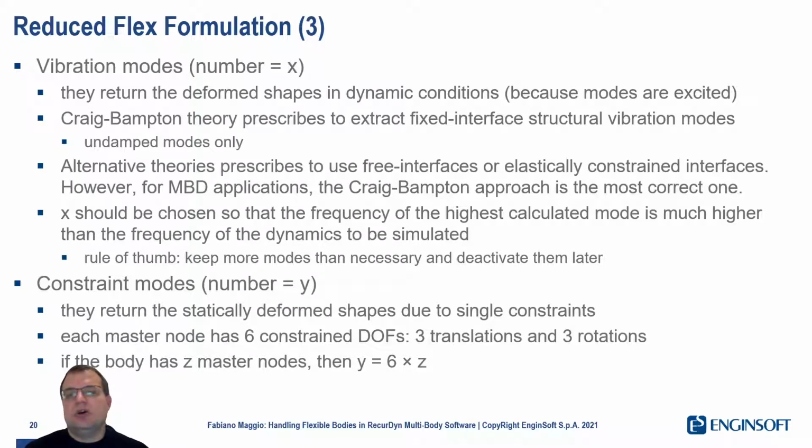This is known as fixed interface modal analysis. Mr. Craig and Mr. Bampton have found that this is the best approach. Other theories use free interface nodes or elastically constrained interface nodes. But for multibody, this fixed interface modal analysis is the best one.